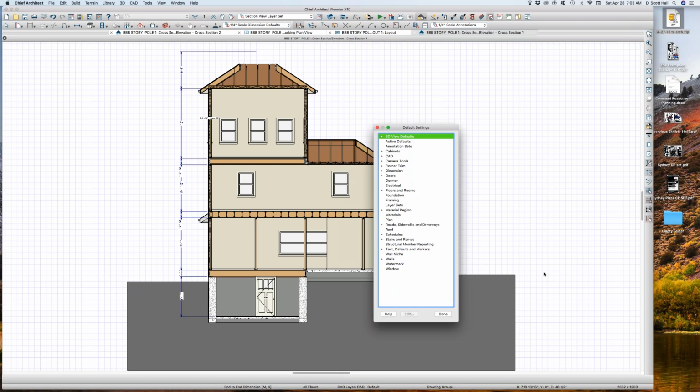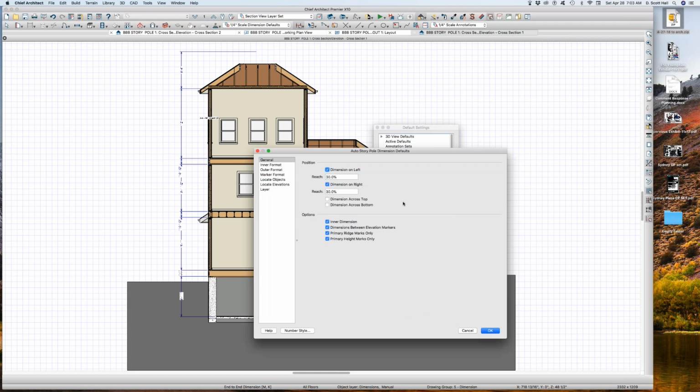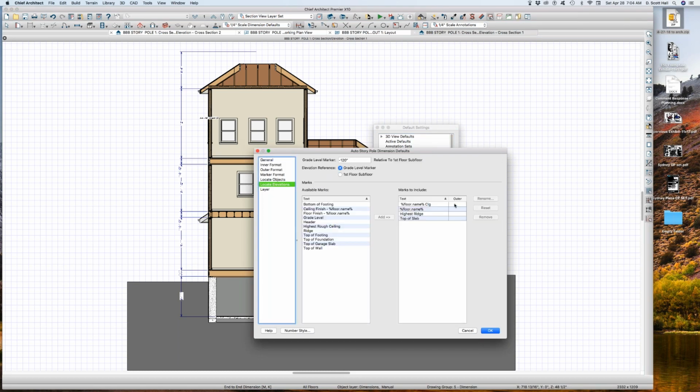So to get the elevations, because people these days seem to want things above sea level. I see more and more of that. That's my point. I have to do this.